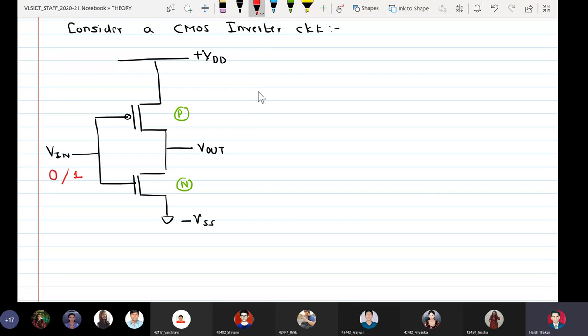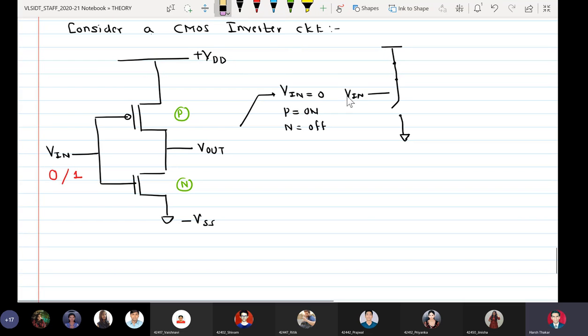So for Vin equal to 0, P is on and N is off. So this circuit will simply look like this: PMOS is on, NMOS is off, and here we have 0 at the gate.